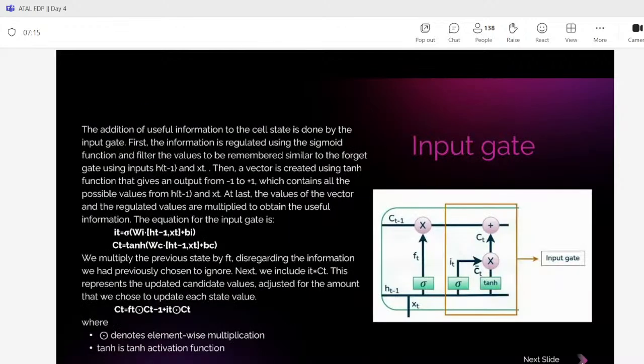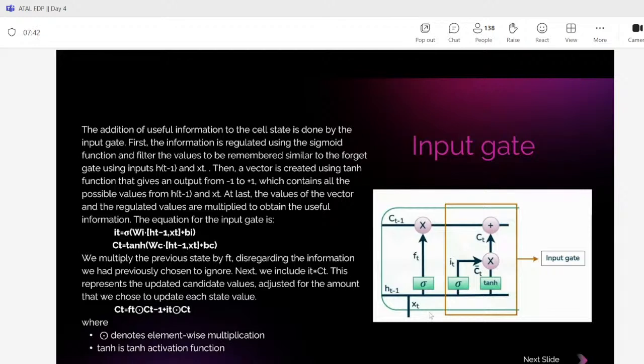And then the input gate. The addition of useful information to the cell state is done by the input gate. So this is its responsibility. The information is regulated using the sigmoid function, which filters the values to be remembered, similar to the forget gate, using the inputs h of t minus 1 and xt.